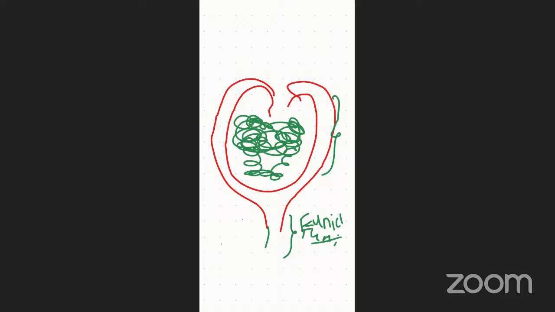One end of the funicle is attached to the placenta. What is the placenta? The placenta is part of the ovary. The other end is attached to the ovule body.